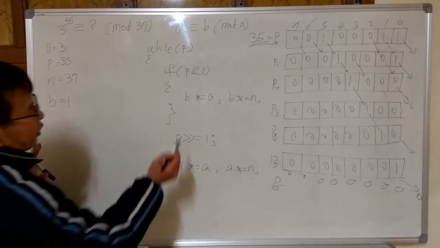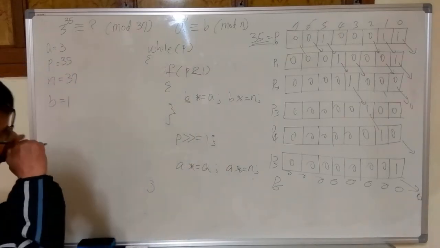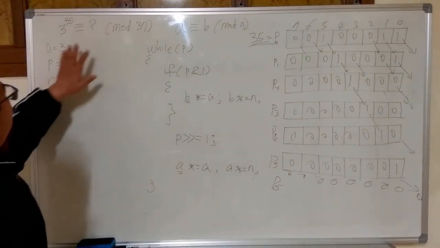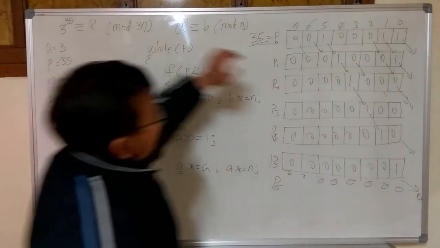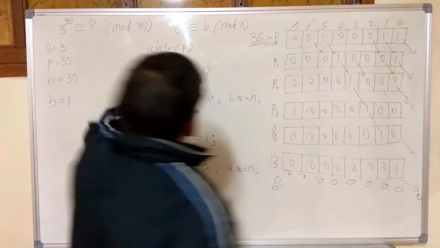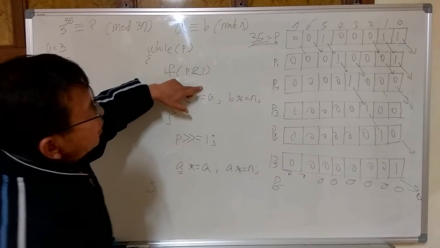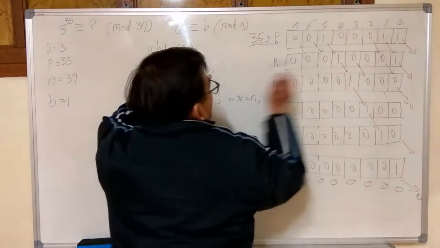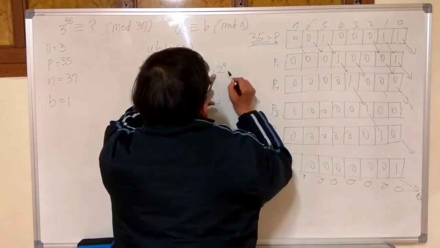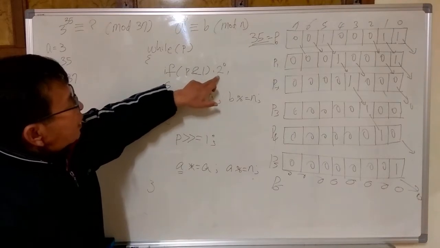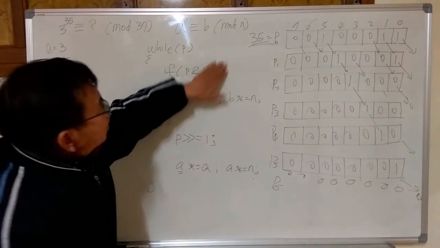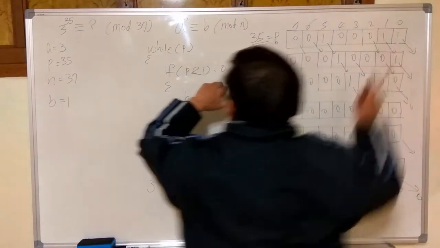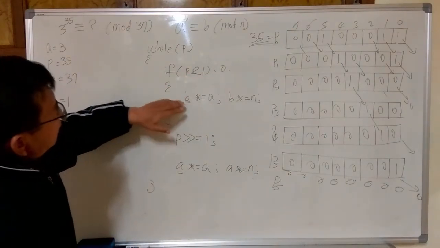Please watch carefully the value of B and the value of A. Initially, P is 35 and the zeroth bit is 1. This block runs when the bit is 1. The last bit is 1, the zeroth bit. So it comes to this point.